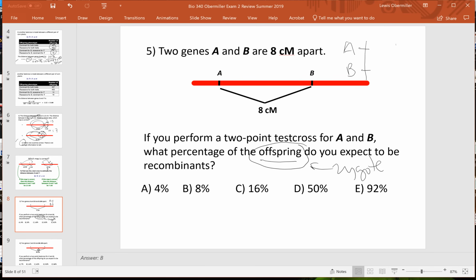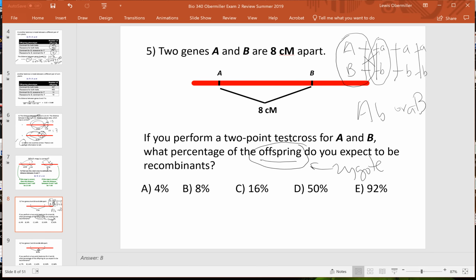We're doing a 2-point testcross for big A and big B, and a 2-point testcross is a heterozygote to a homozygous recessive. So the gametes that would be the parental ones we would expect to be these, and the recombinants we would expect to be big A, little b, or little a, big B.